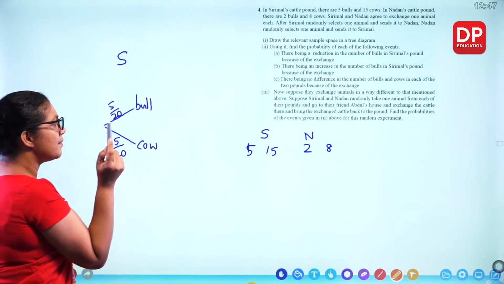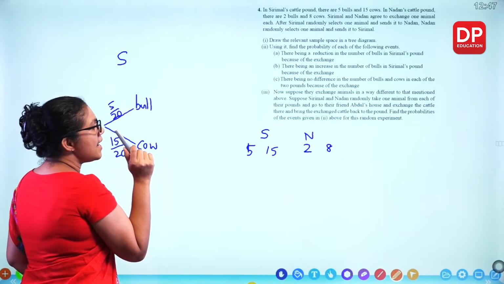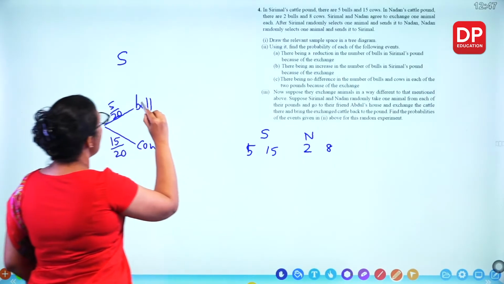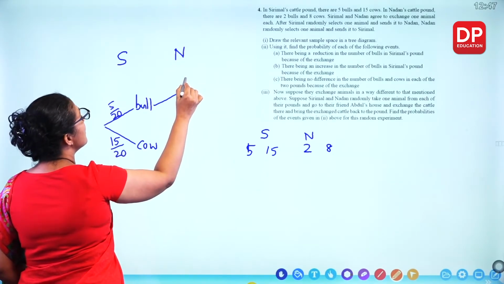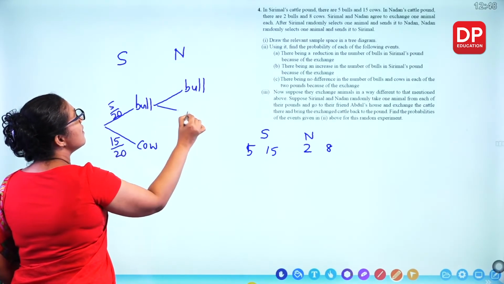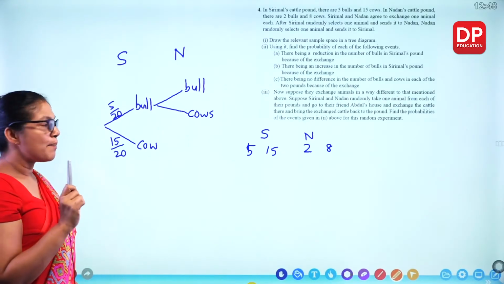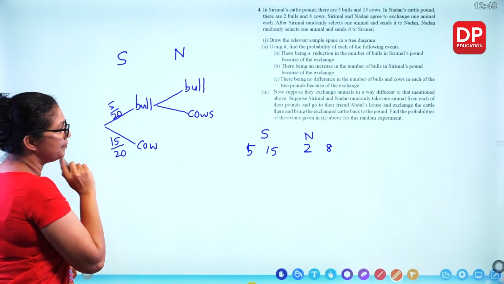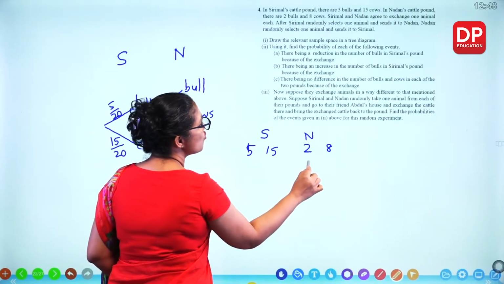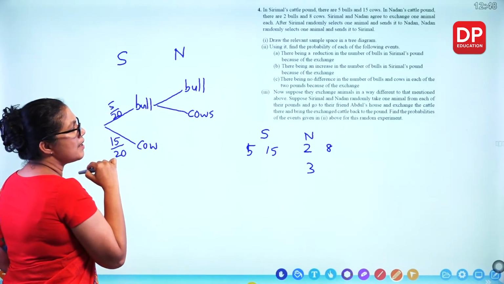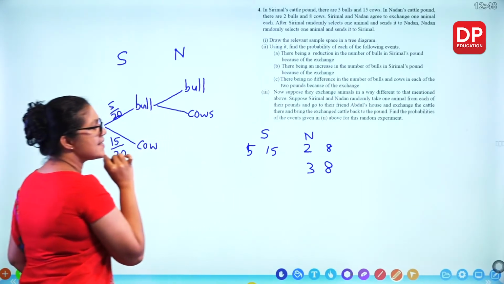So what happens on Nathan's side? What happens if a bull is given to Nathan? So the number of bulls increases, so this becomes 3. But nothing happens to the cows, so it remains as 8.